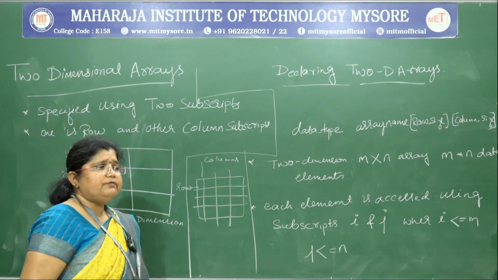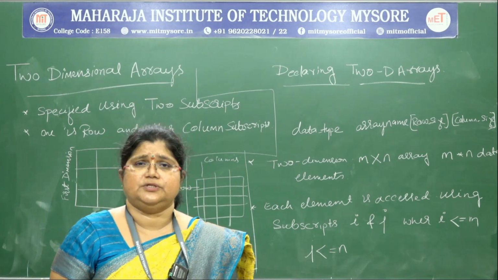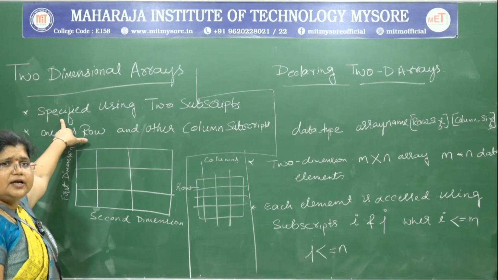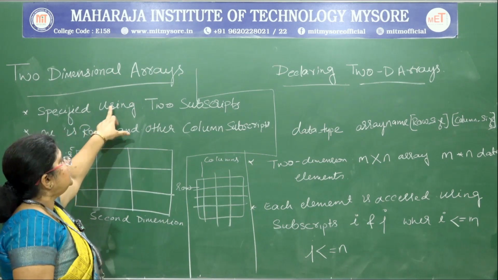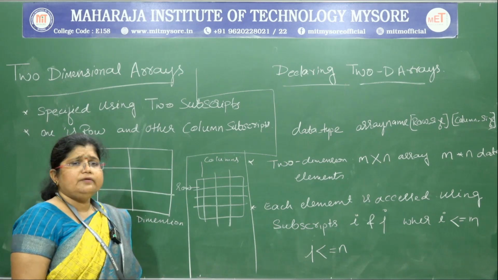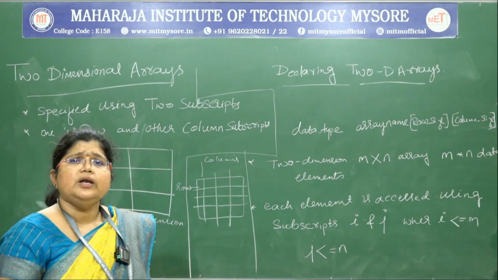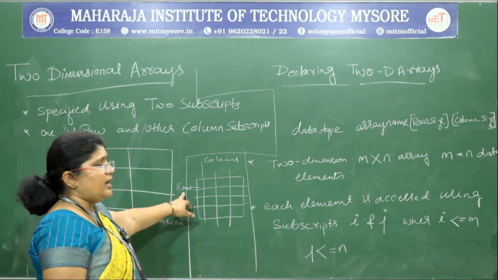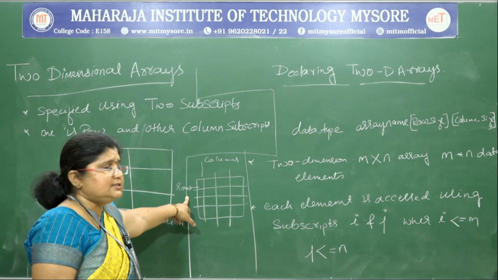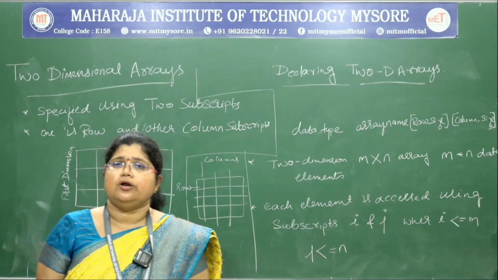So, whenever we want to access a two dimensional array, we require two subscripts. We can conclude that a two dimensional array is specified by using two subscripts. The first subscript always represents the row, and the second subscript always refers to the column.